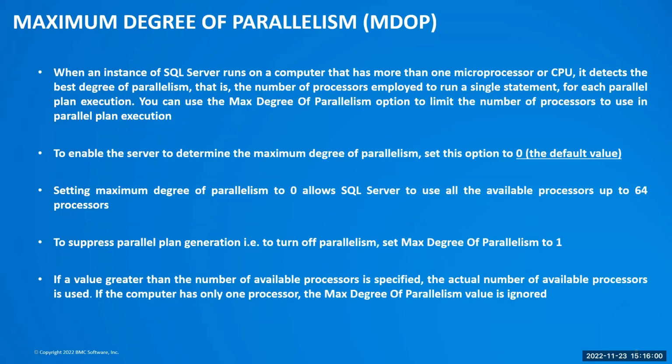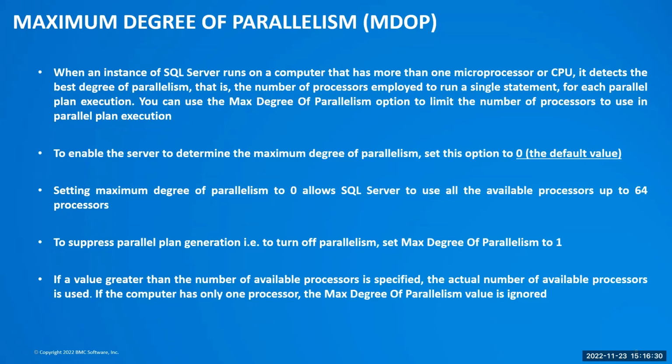In SQL Server, at the instance level, you can set this parameter to 1, 0, or any number all the way up to apparently 32,767. Based on this parameter, SQL Server will run the query in parallel or serially.